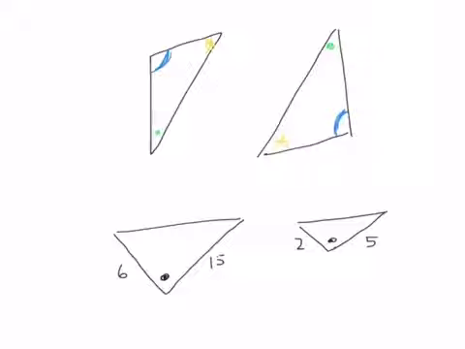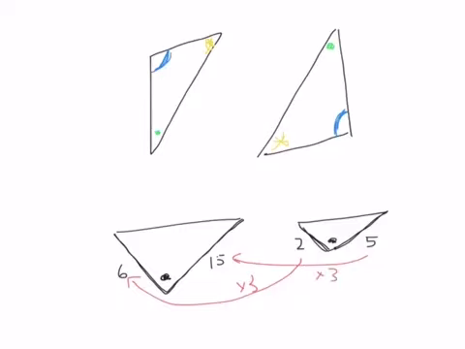With these next two triangles, I've got one triangle with sides of 6 and 15, and this included angle, and this triangle's got sides of 2 and 5, and this angle is the same as the other angle because they've both got the same marking. Now, this side is 3 times bigger, and that side is also 3 times bigger.